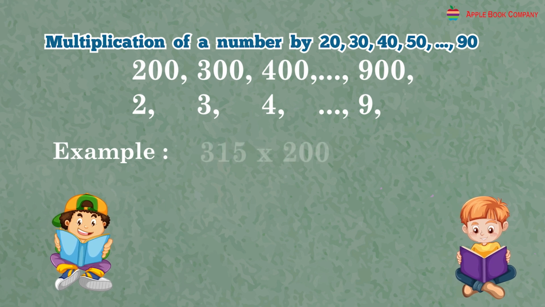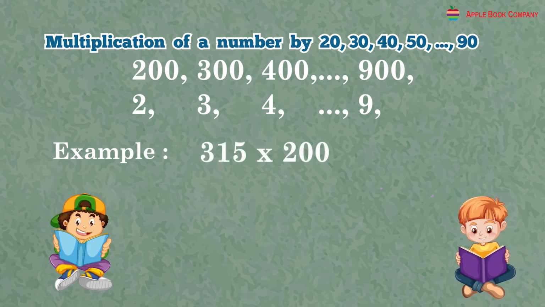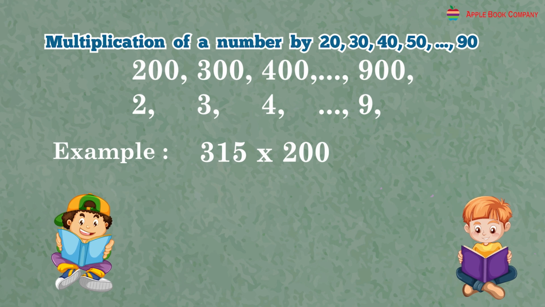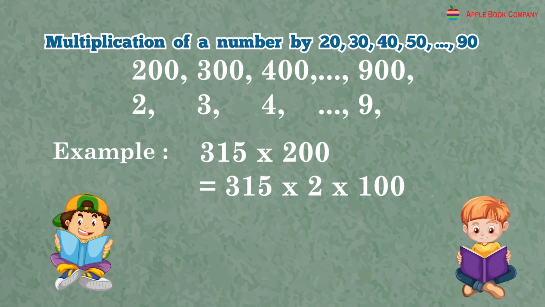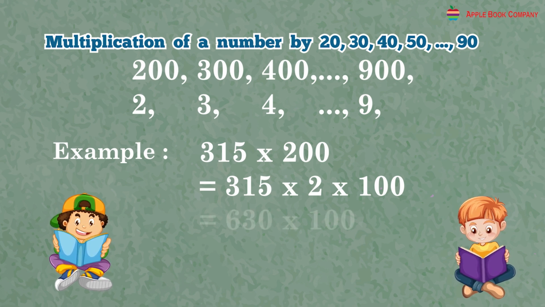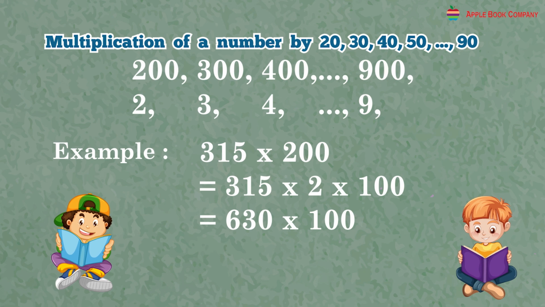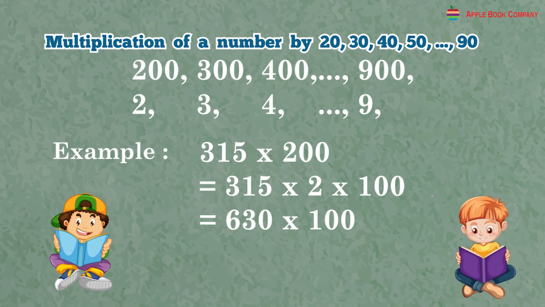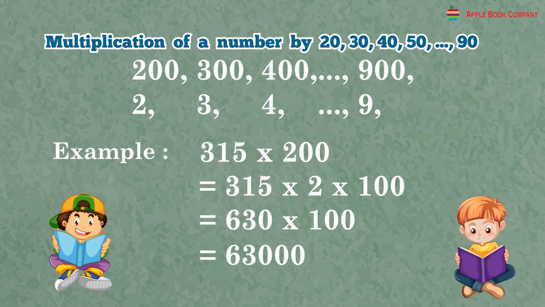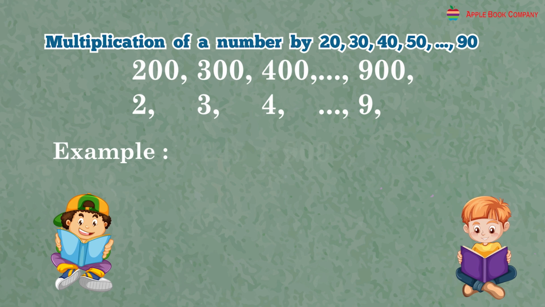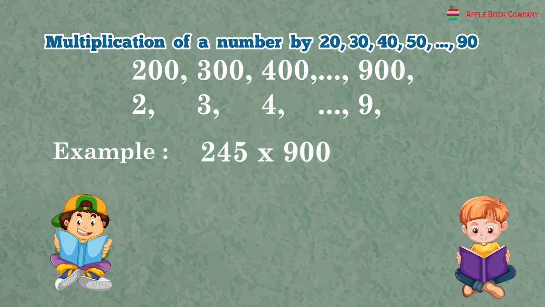Example, 315 multiplied by 200 is equal to 315 multiplied by 2 multiplied by 100 is equal to 630 multiplied by 100 is equal to 63,000.